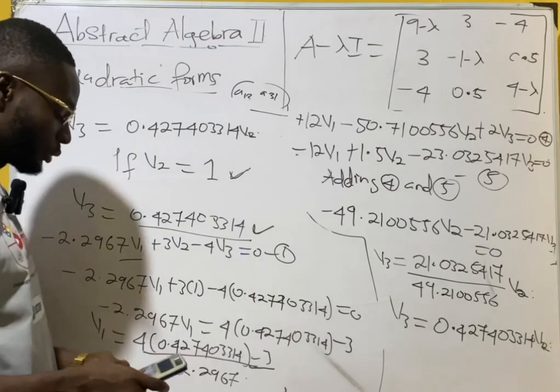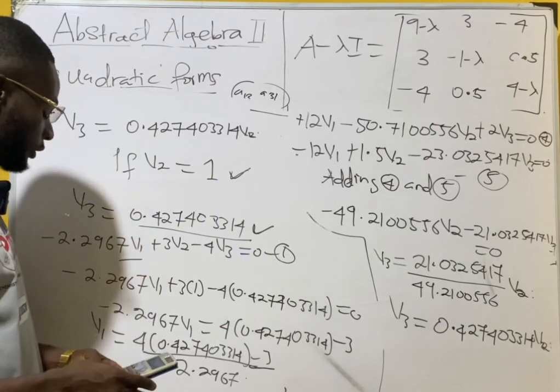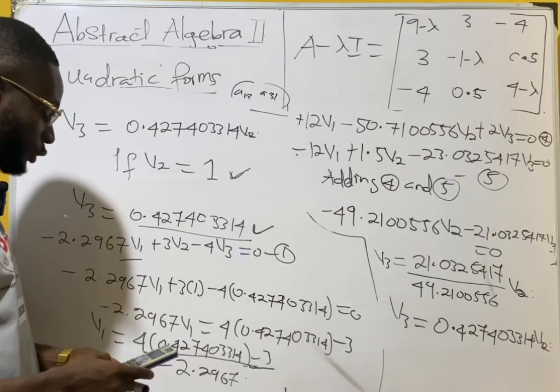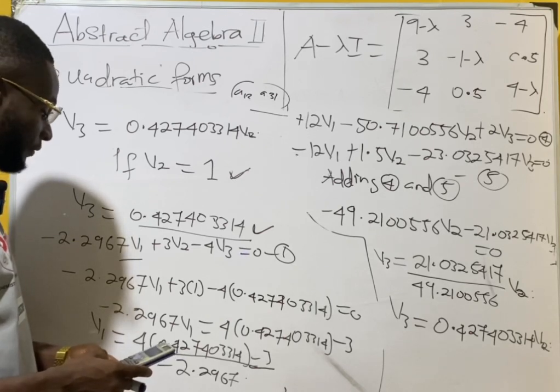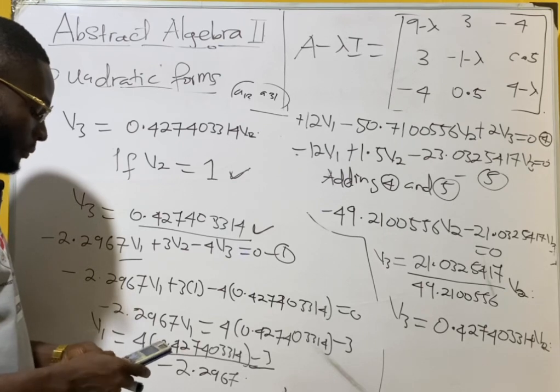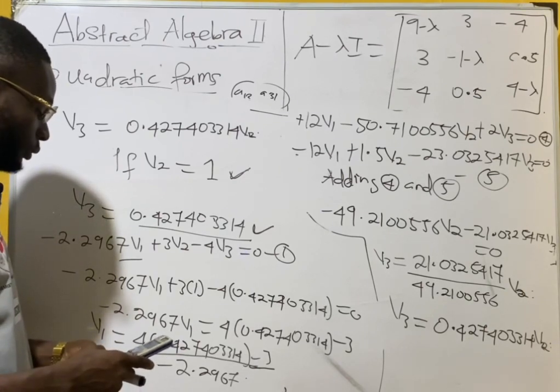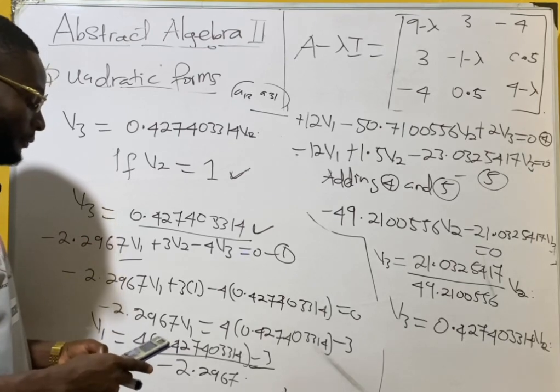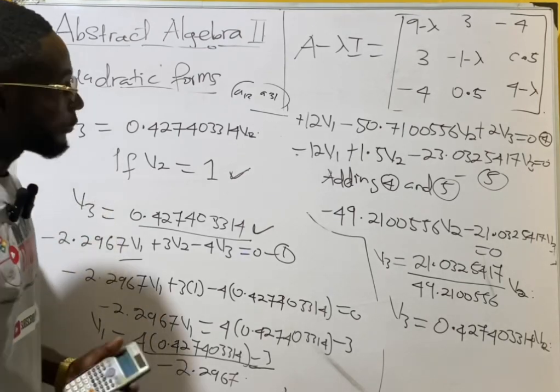So we're going to have 4 into 0.4274003314 minus 3 all over negative 2.2967, right?